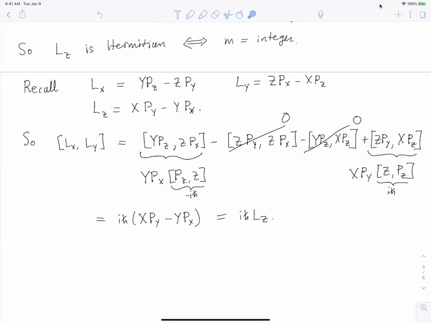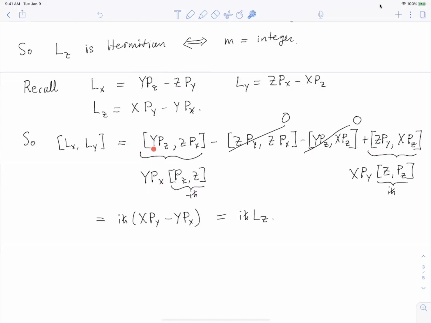So then the argument is y here commutes with everything else involved in the term, and so we can just pretend it's a number. And the same with p sub x. P sub x commutes with z and p sub z and y. So the y and the p sub x we can pretend are numbers and just pull them out. And so all that's left is the p sub z commutator with z. So how did we know y commutes with everything else?